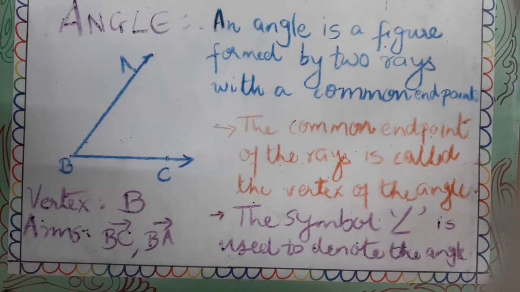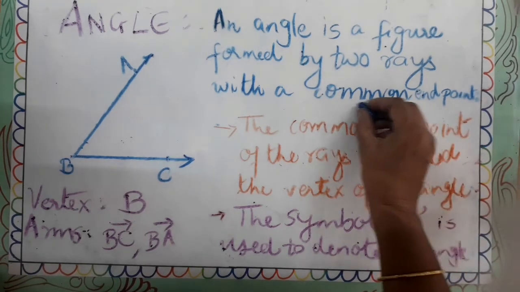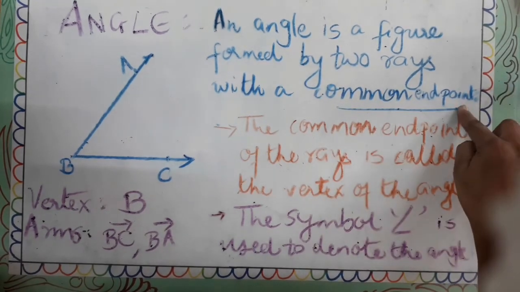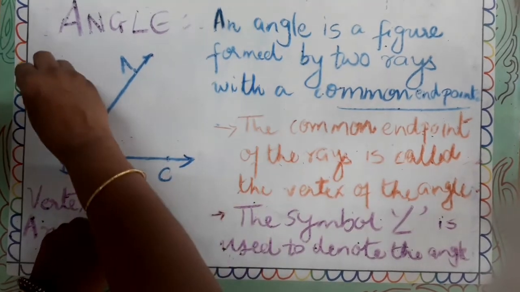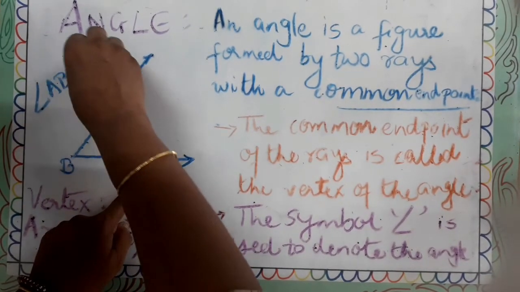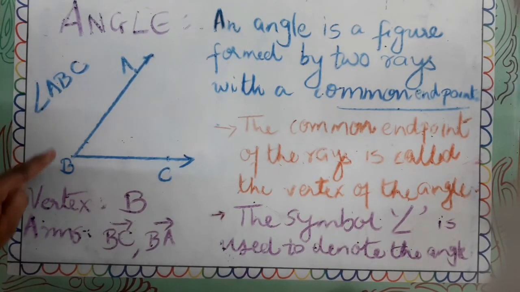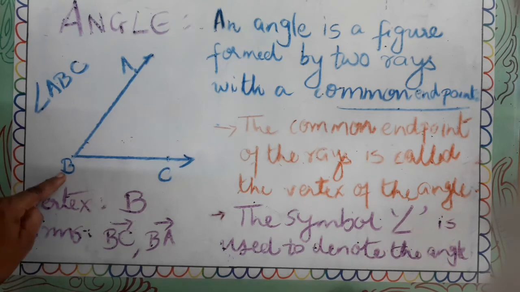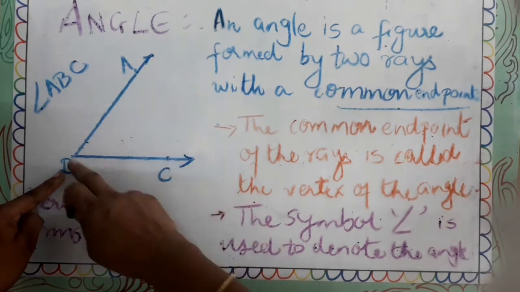Now let's see about angle. What is an angle? An angle is a figure formed by two rays with a common endpoint. This common endpoint is known as its vertex. If I am talking about this angle, this is angle ABC. In angle ABC, which is the vertex? B is the vertex, because ray BC and ray BA form this angle.